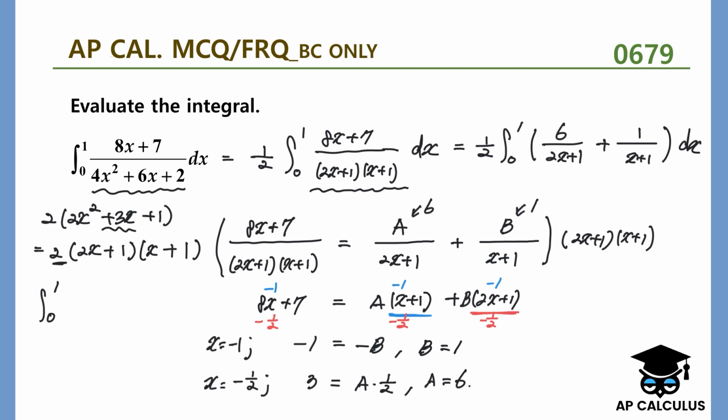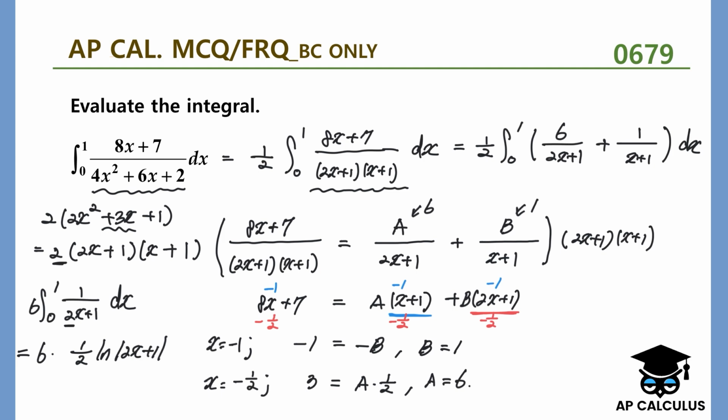6 over 2x + 1, that's 6 times the integral from 0 to 1 of 1 over 2x + 1 dx, right? That is equal to 6 times, since we have 2 here, that has to be 1/2 times natural log of 2x + 1, right? Be careful with this 2, okay?